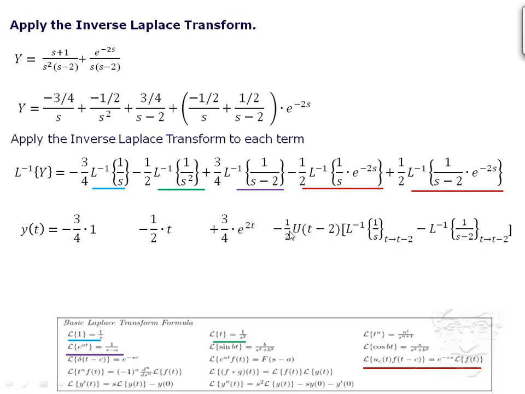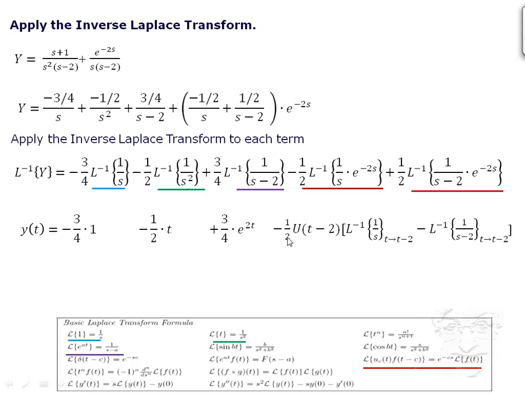So notice here I also factored out the negative 1/2. So I'm actually doing a couple of things here. I applied the unit step function to both of these because they had the same shift, and that gave me u of t minus 2. I factored out negative 1/2 because I saw that they each had a 1/2 in common.